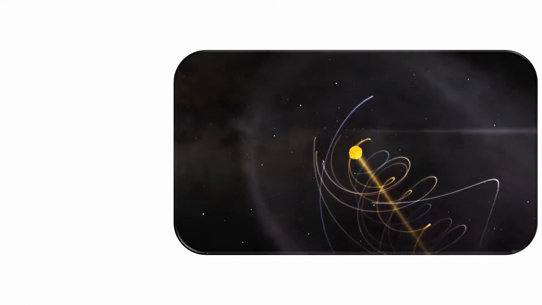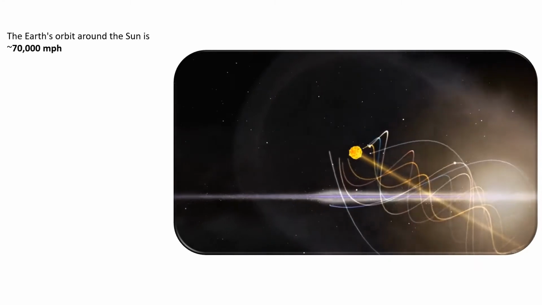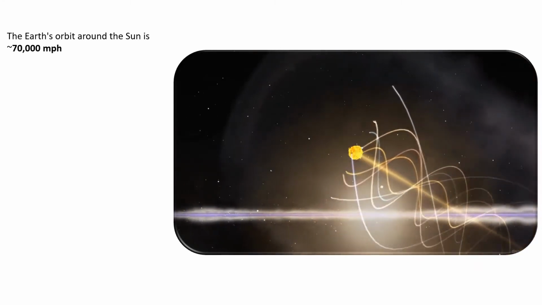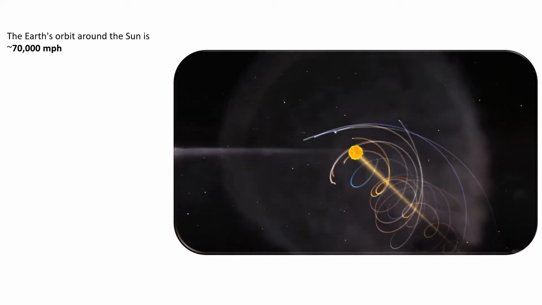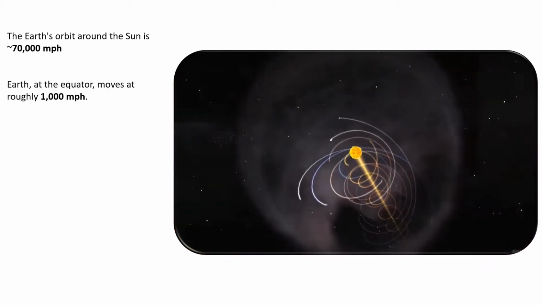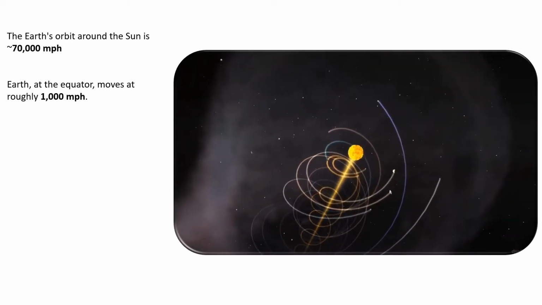All right, so let's look at some distances and speeds. The Earth's orbit around the sun is approximately 70,000 miles per hour. Earth at the equator moves at roughly 1,000 miles per hour.